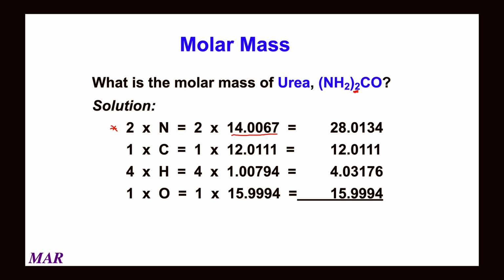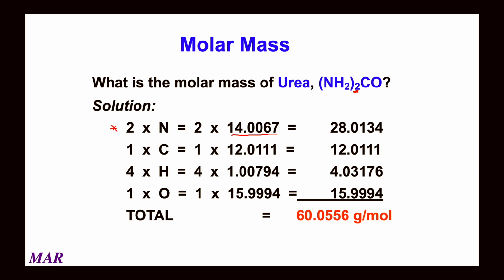So what you would do is add these numbers up on the far right. That'll give you the molar mass of urea. Total 60.0556 grams per mole. That's the molar mass of urea. So if you have about 60 grams of urea, you're going to have 6.022 times 10 to the 23rd molecules running around.